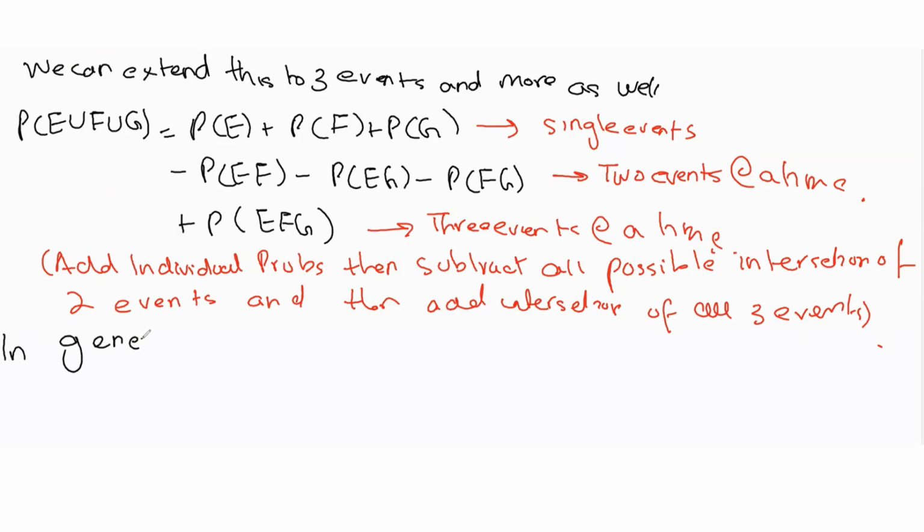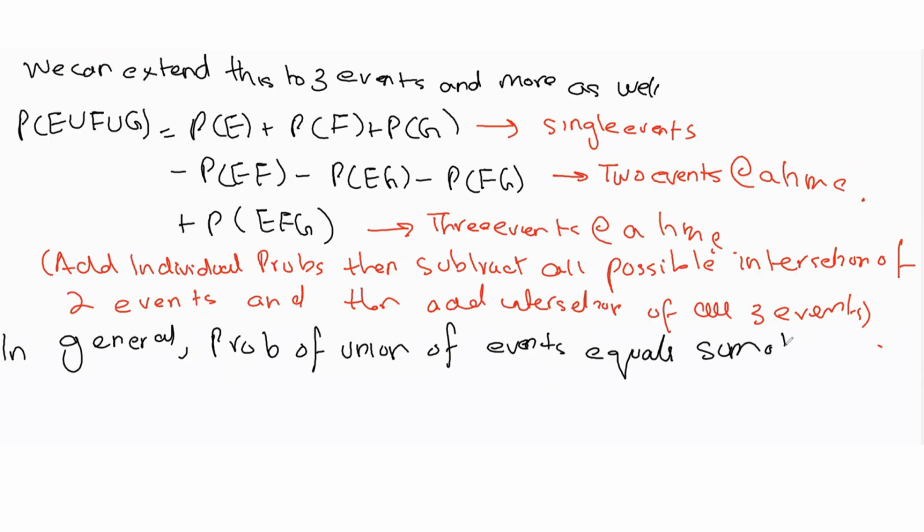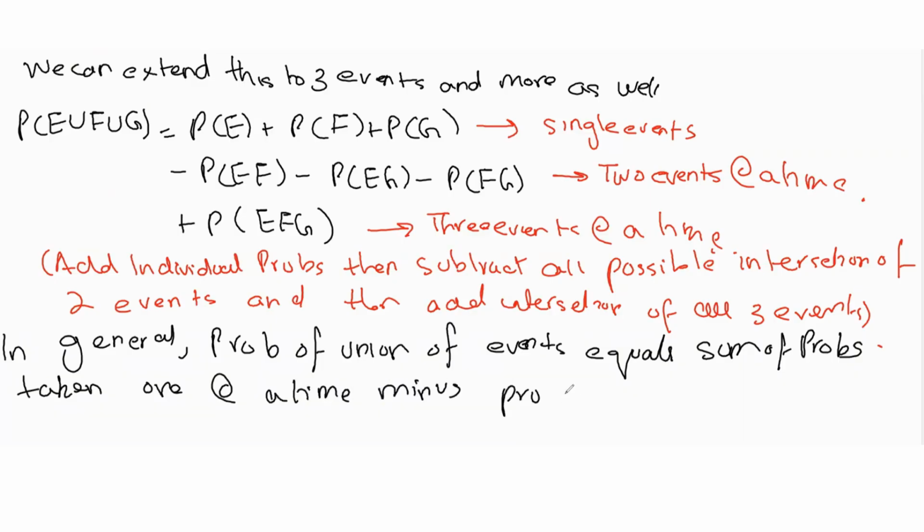In general, if there are more than 3 events, the probability of the union of events equals the sum of probabilities taken one at a time, minus probabilities taken 2 at a time, plus probabilities taken 3 at a time, and so on.